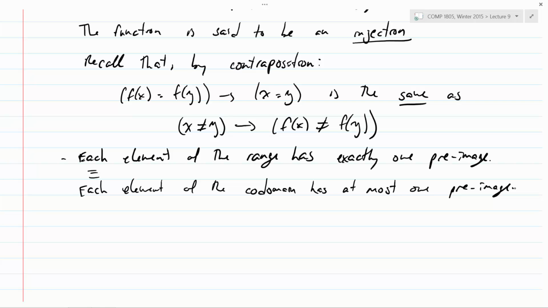Okay? So if you want to understand this in terms of the diagrams we looked at, each element on the right has at most one incoming arrow.